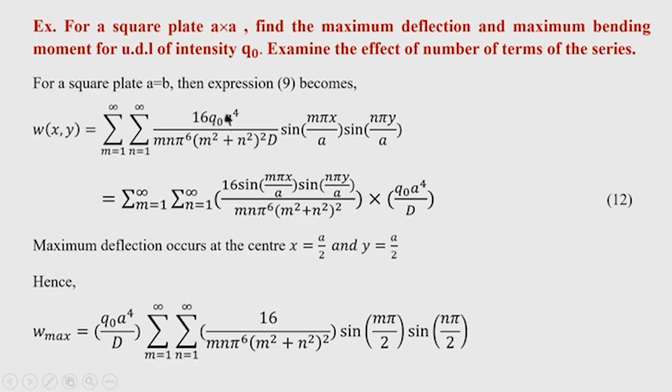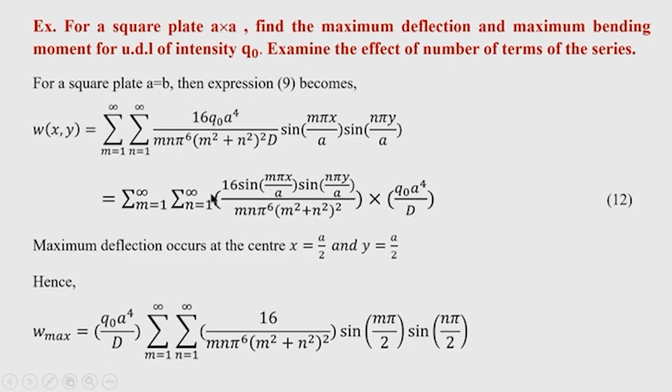So, 16 q naught a to the power 4 divided by m n pi to the power 6 into (m square plus n square) whole square into D, times sin m pi x by a sin n pi y by a, and the summation is for m equal to 1 to infinity and n equal to 1 to infinity. Of course, you should only sum over the odd numbers of terms.